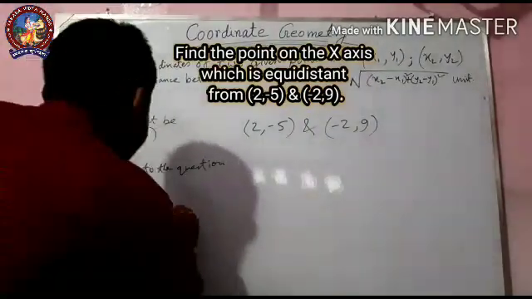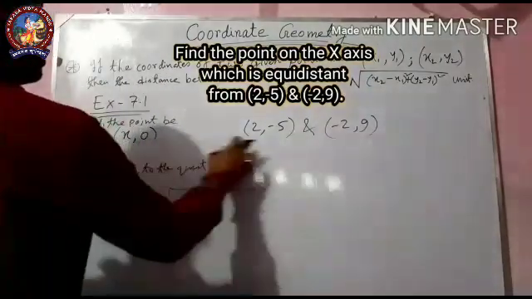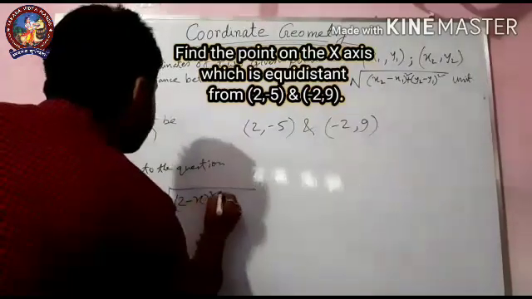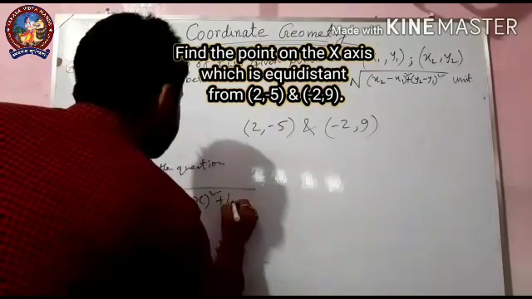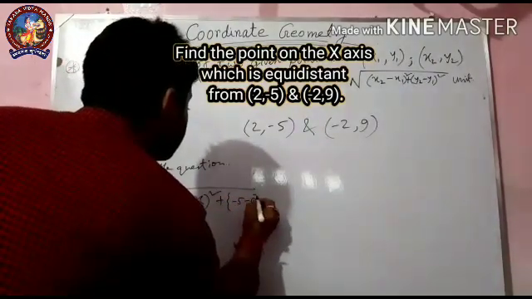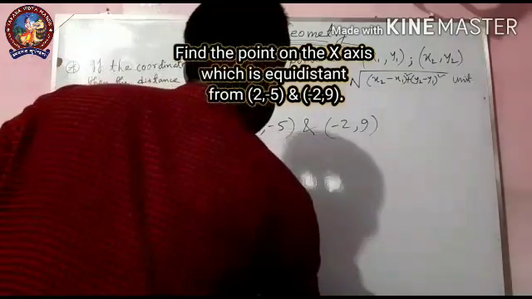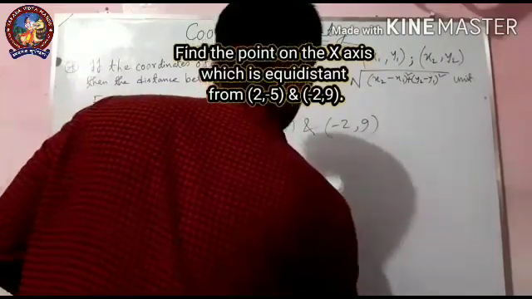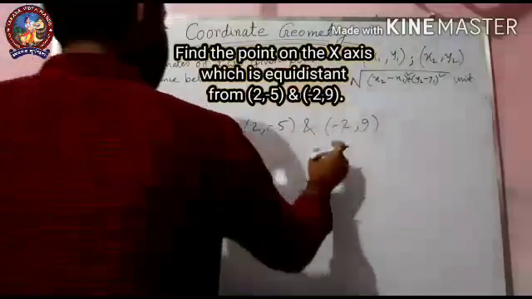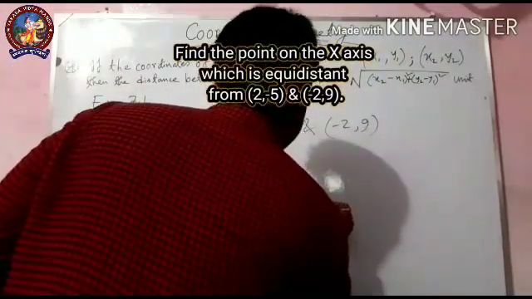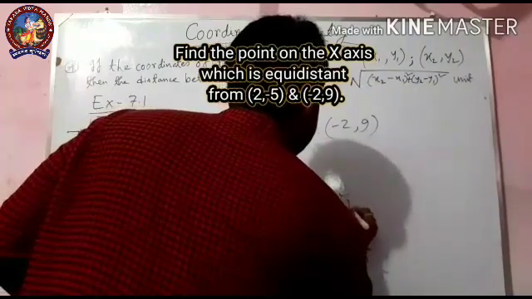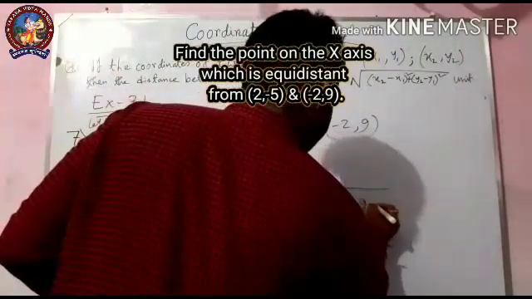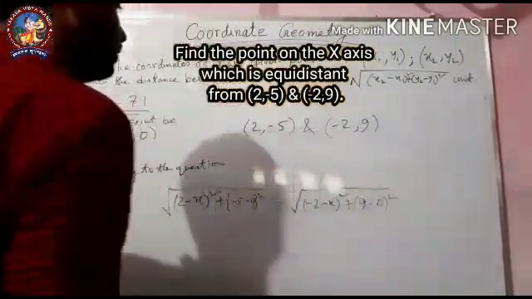The distance formula, distance between this point and this point is the square root of 2 minus x whole square plus -5 minus 0 whole square. That will be equal to the distance between this point and this point, that is minus 2 minus x whole square plus 9 minus 0 whole square, right?